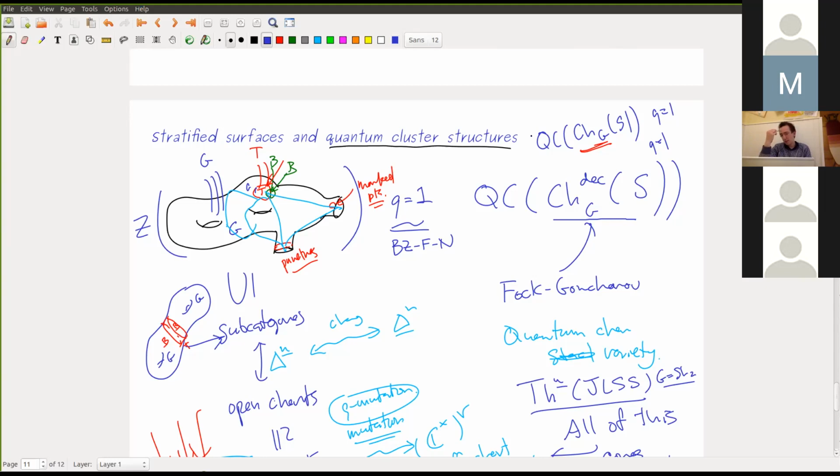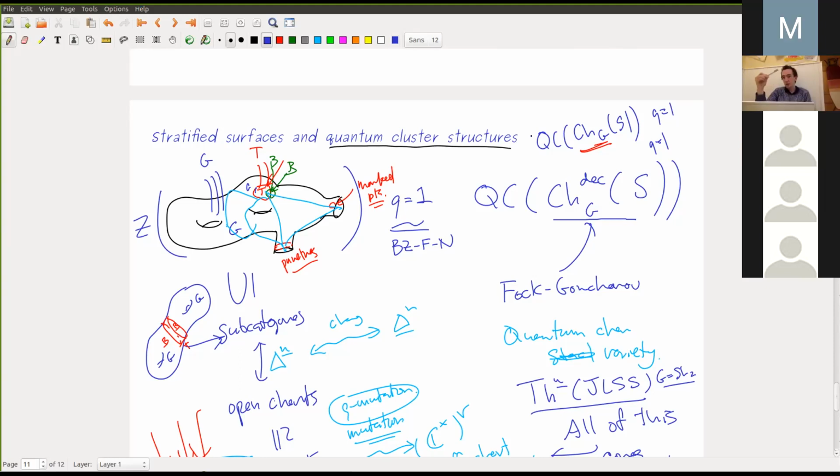So at least for some large class of stratified surfaces that Fock and Goncharov consider, they conjecture, okay, so you have the actual decorated character variety, which is not the union of these charts, but is just, you take the quotient by G and you get what you get, and it's singular, as you said.